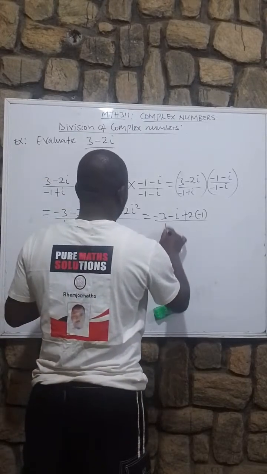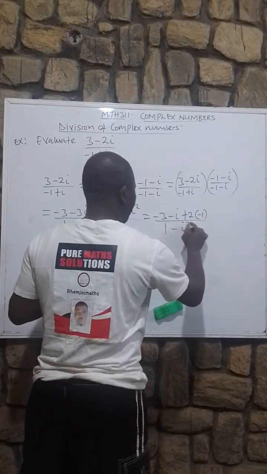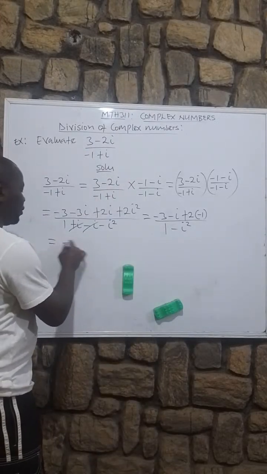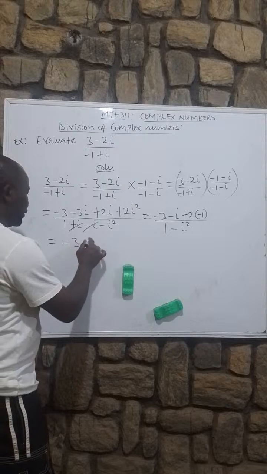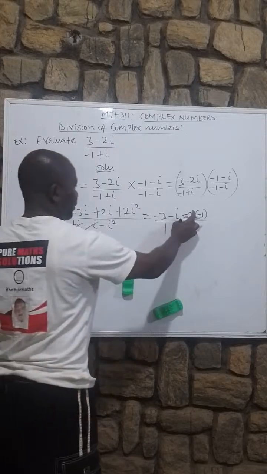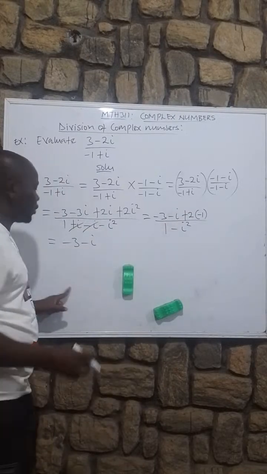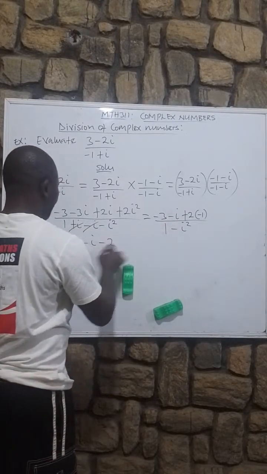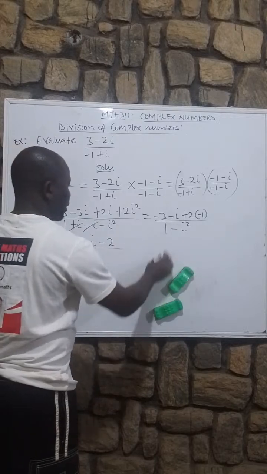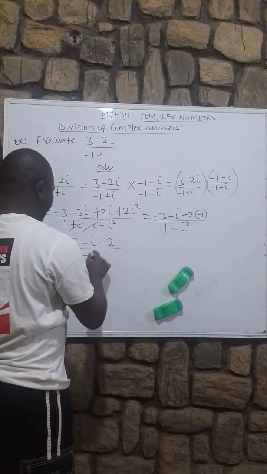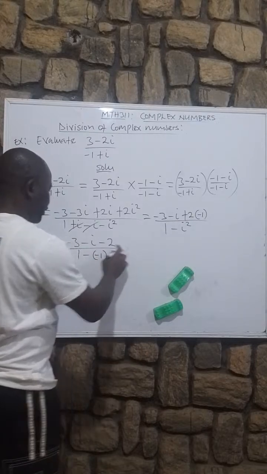Then here we are going to have 1 minus i squared. Then this is equals to minus 3 minus i, minus times plus 2 times minus. What you're supposed to have is minus 2 all over 1 minus i squared is minus 1, isn't it?